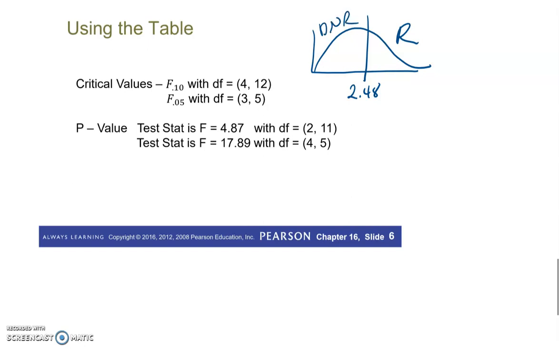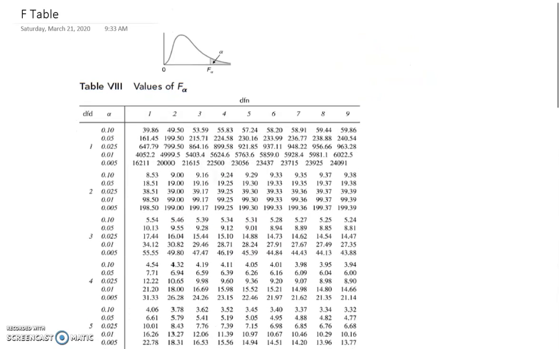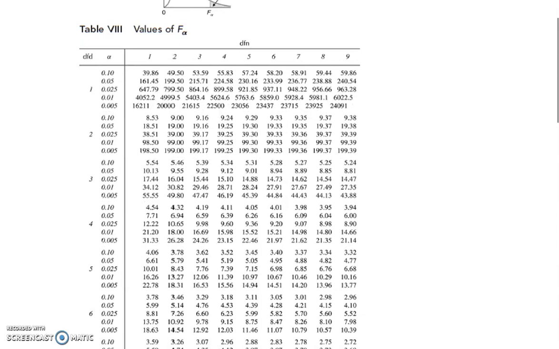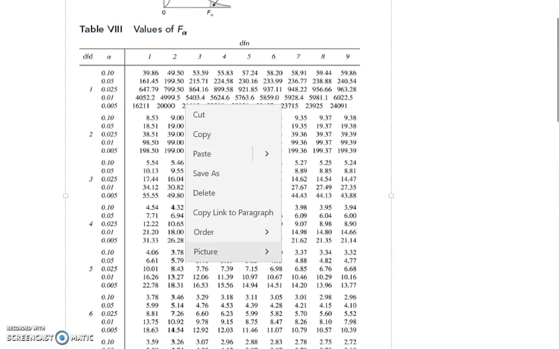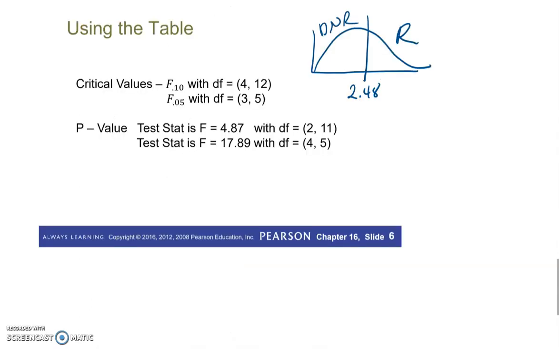So now I want you to try it at a 0.05 significance level with degrees of freedom 3, 5. So 3, 5 at 0.05 appears to be 5.41 for the second one.